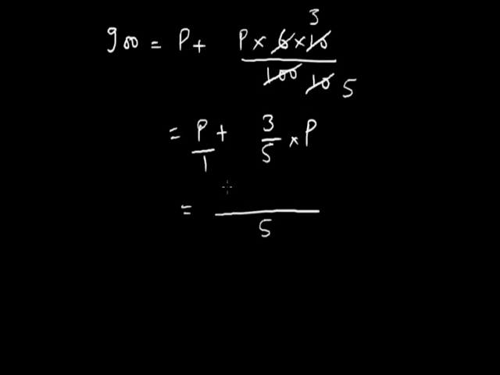Now P upon 1 is equals to 5P upon 5, and 3 upon 5 P is equals to 3P upon 5. So this reduces to 8P upon 5, and it is equals to 900.